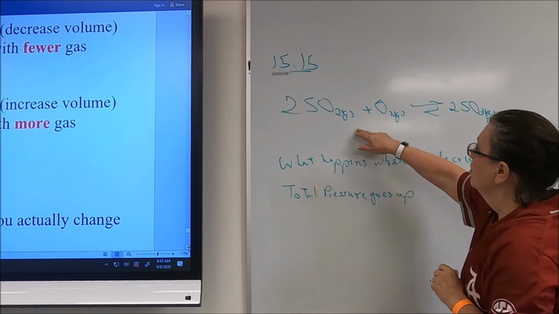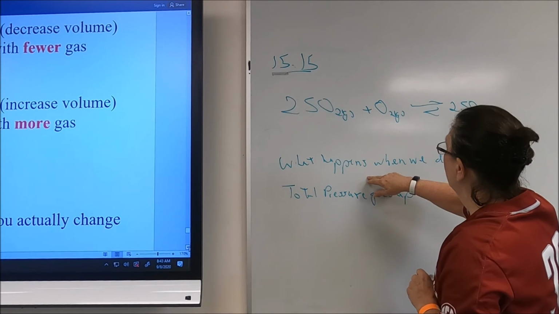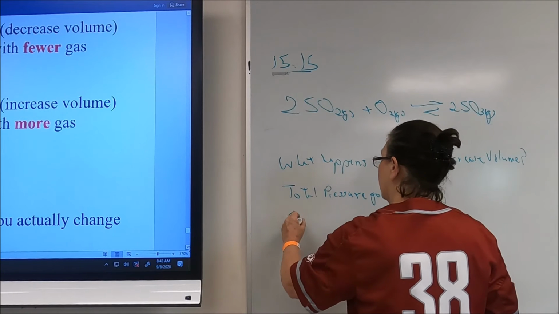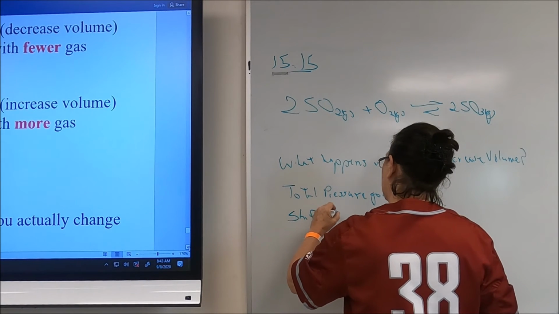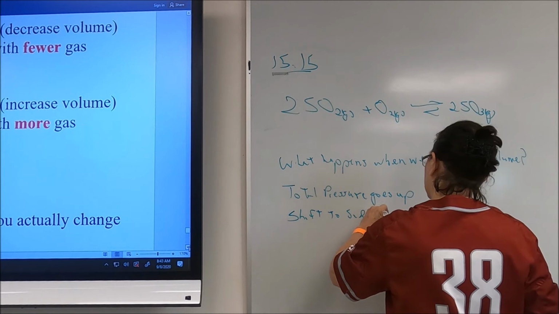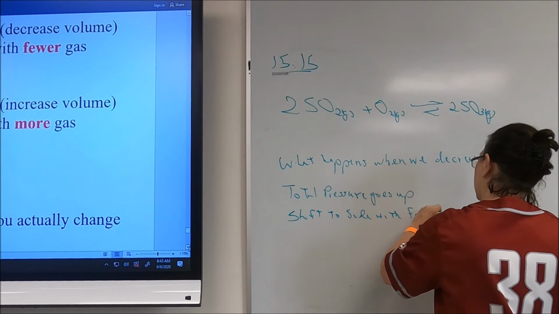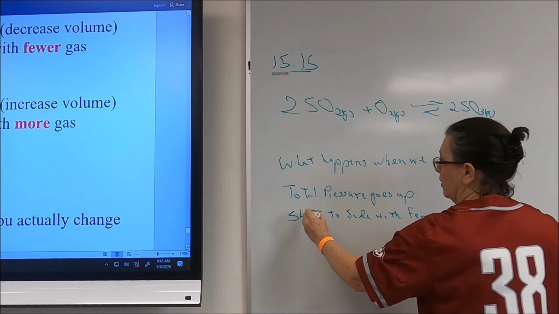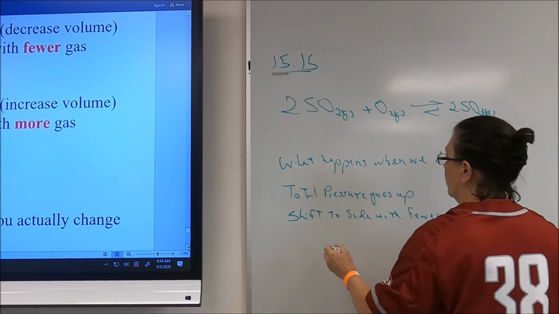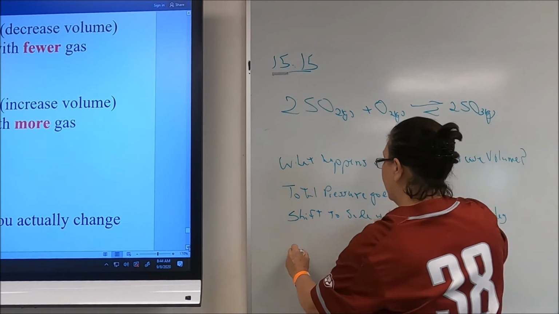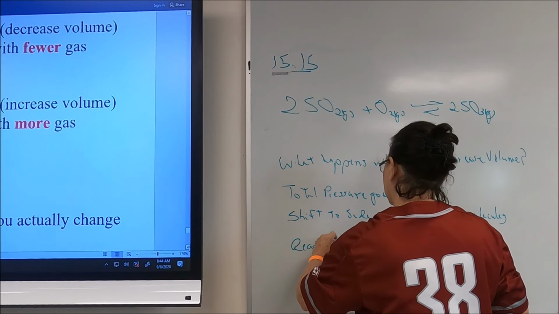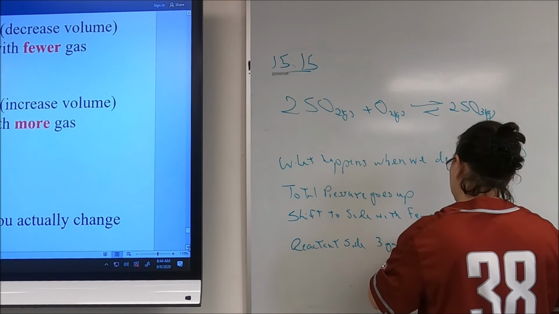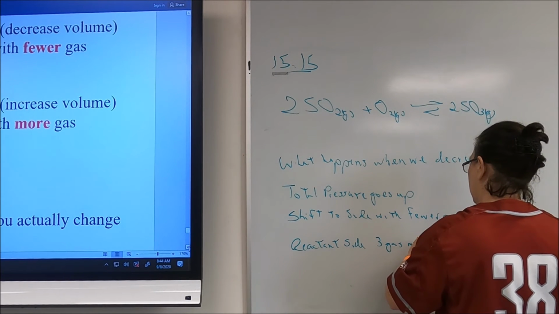Okay? So if the total pressure goes up, we want to shift toward the side with fewer gas molecules. So I'm going to shift to the side with fewer gas molecules. So in this case, the reactant side has 3 gas molecules.